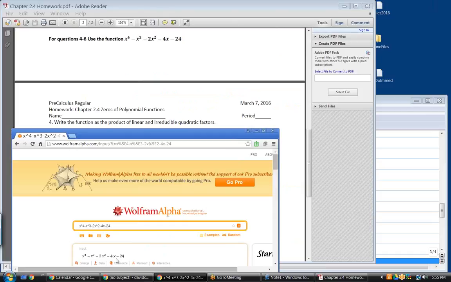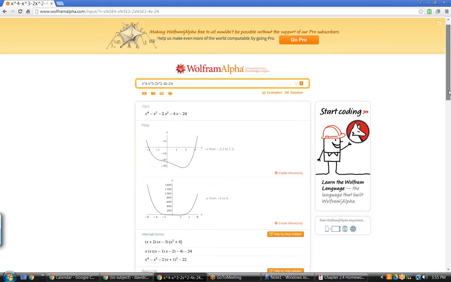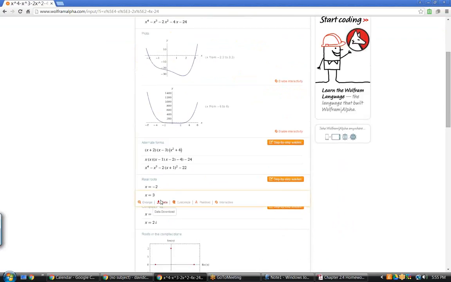So you have a way of checking it, as opposed to a TI-84, which doesn't show you the function. So we typed it in correct. And I can see there's a 0 at 3 and there's another one at -2. Wolfram Alpha even gives us the zeros. Well, there's the 2 real roots, -2 and 3. And we're left with a quadratic that produces 2 imaginary roots.